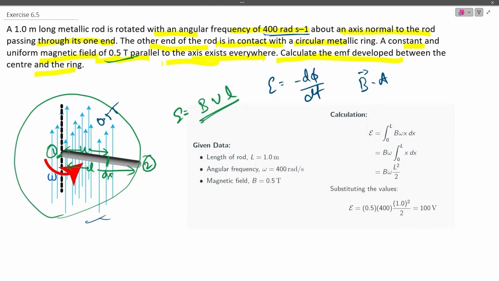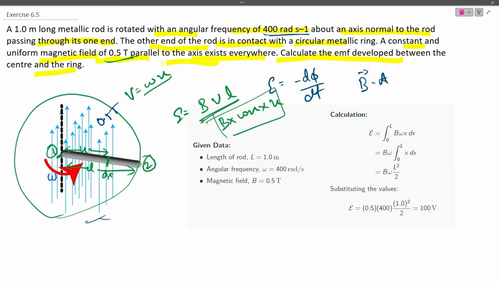We know this is the formula for motional EMF. For this section of length dx, it would be equal to V times dx times B. Now V at distance x in a circular rotation is given by V equals omega times x. So we can write it as B times omega x times dx.